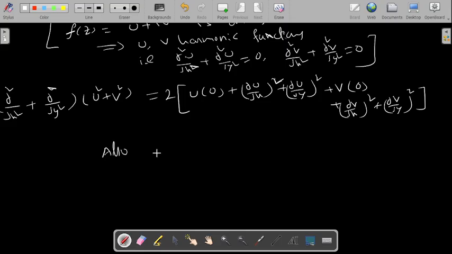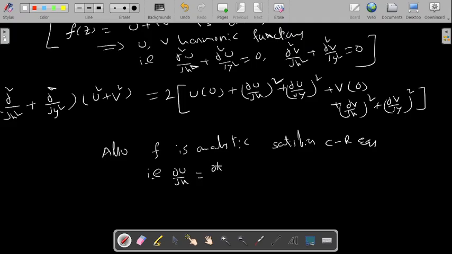So now also, when f is analytic, it satisfies the CR equations. So what are the CR equations? That is ∂u/∂x = ∂v/∂y, ∂u/∂y = -∂v/∂x.